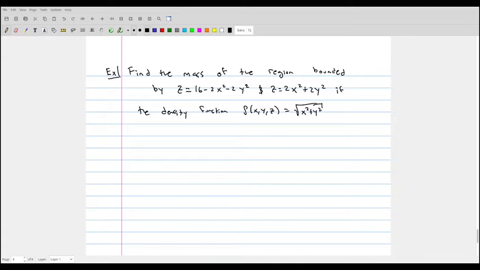So this is saying that the density function grows linearly as you move away from the z-axis.